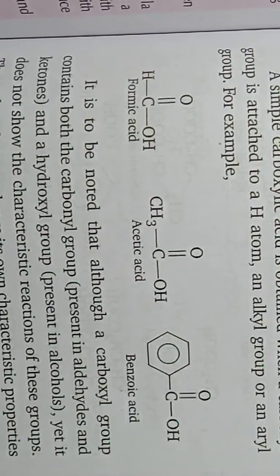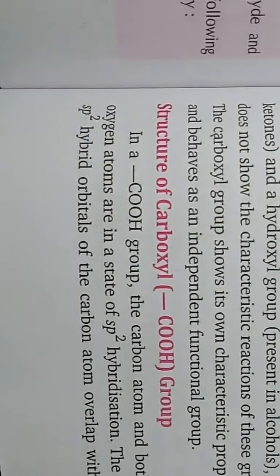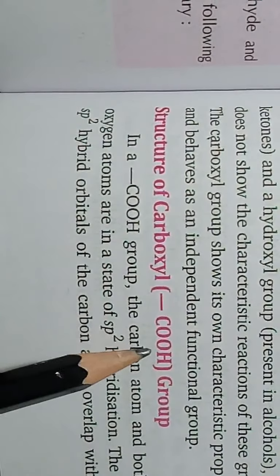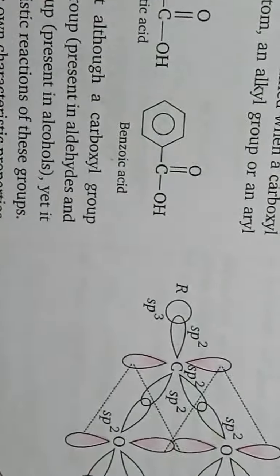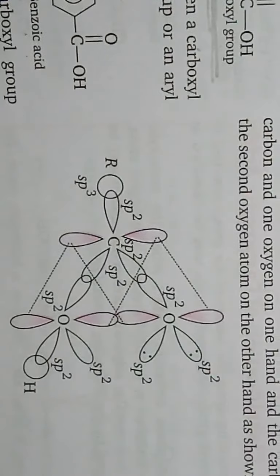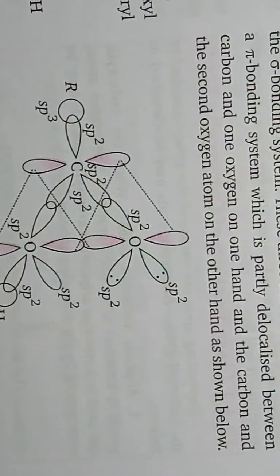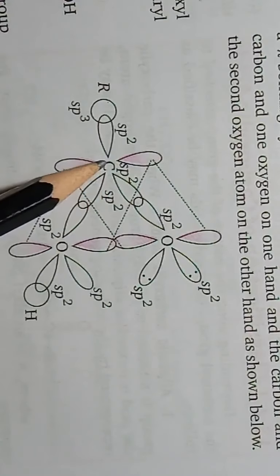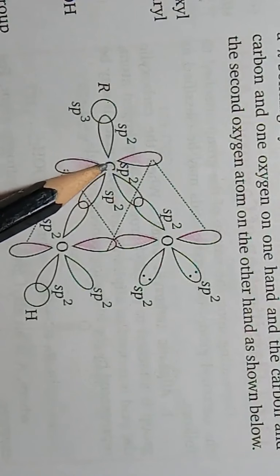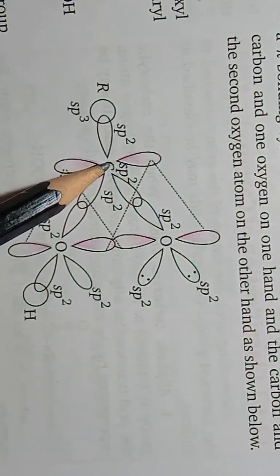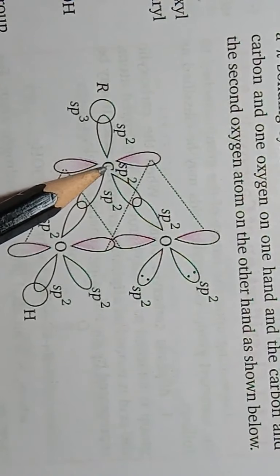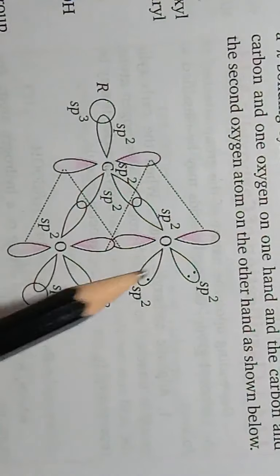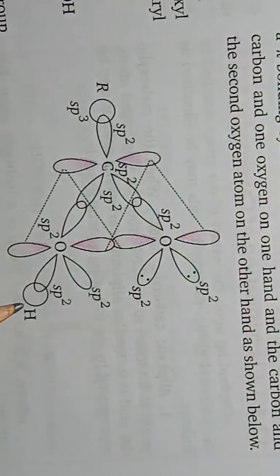Okay, next heading is structure of carboxyl group. So it is given here. This is the central carbon atom of the carboxylic group, and oxygen and hydrogen.